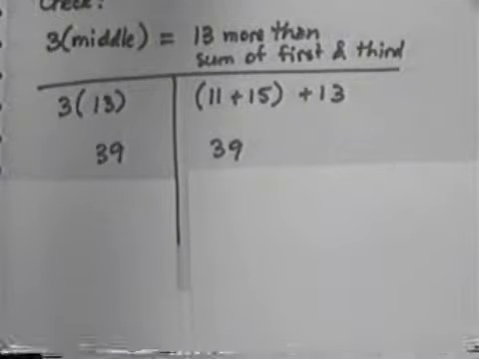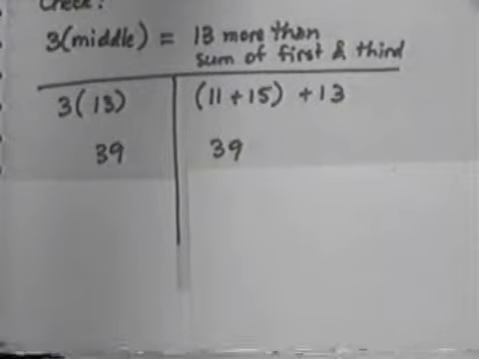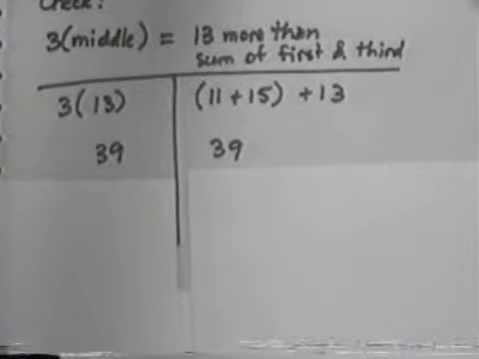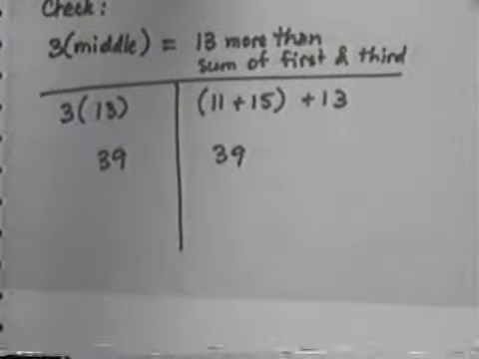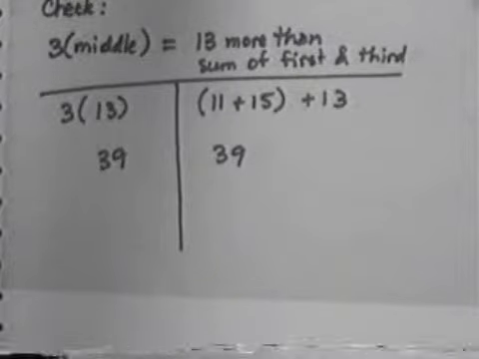And so the answers that I've determined, 11, 13, and 15, are correct. Recognize that finding just the answer for x is not sufficient. We must finish the problem and get the answer for the entire question, which is for all 3 of the integers.